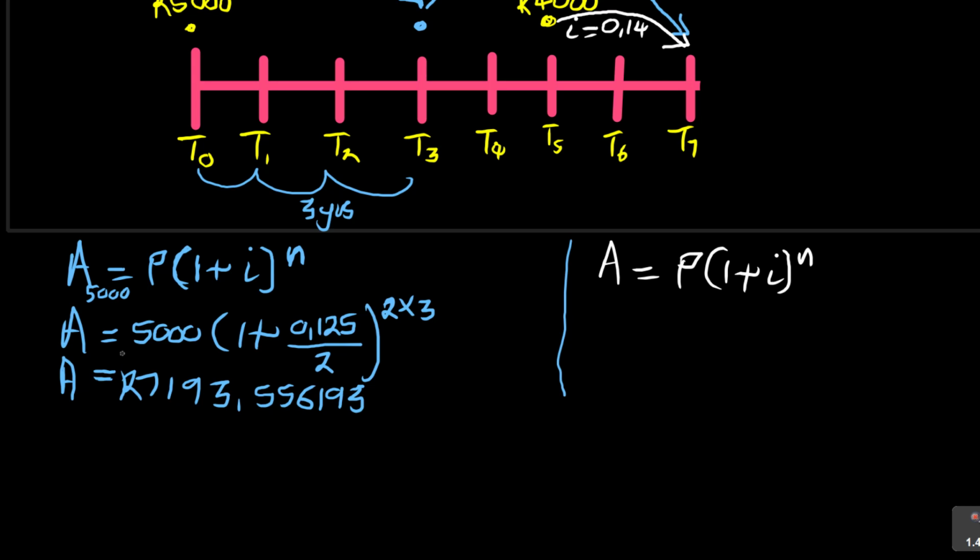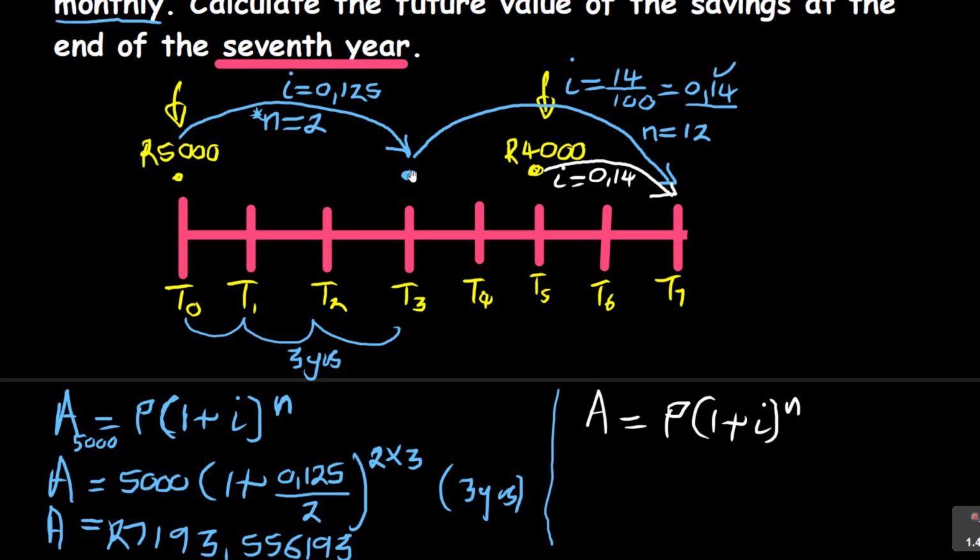But this A is for the first 3 years, right? I can even indicate here, this is 3 years. And then you continue again. A is equal to P(1 plus I) to the power n. Now we're looking for the remainder. Remember, it was the first 3 years.